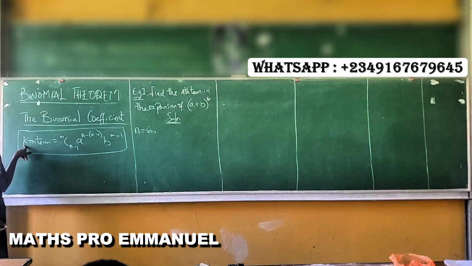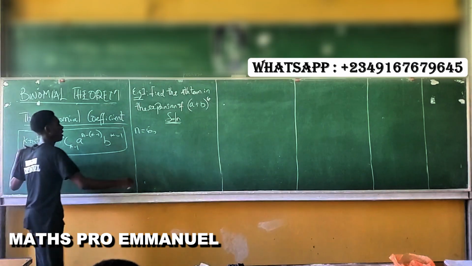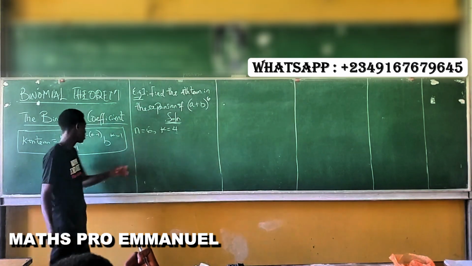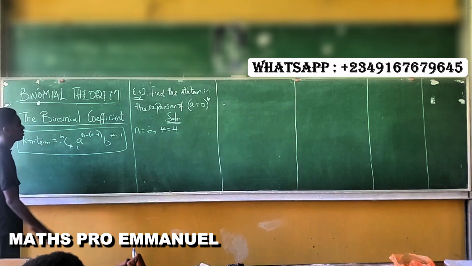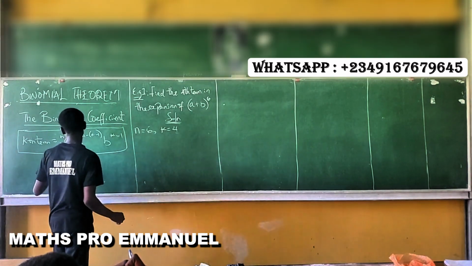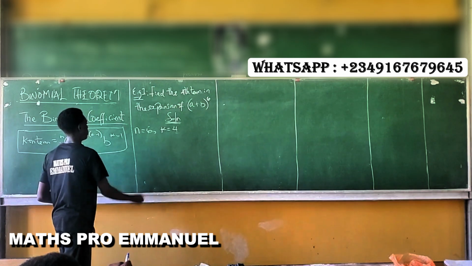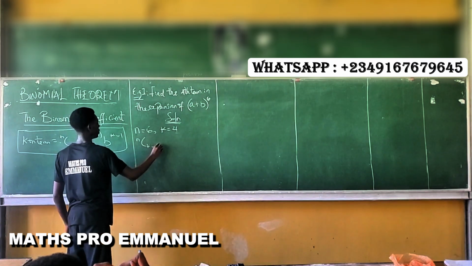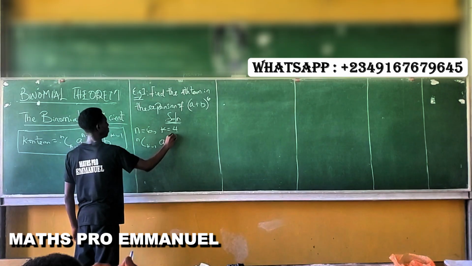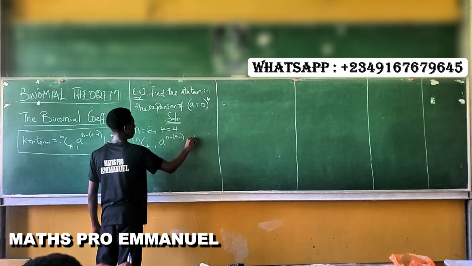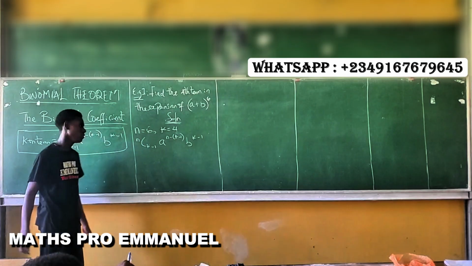So my k will be 4, because I'm looking for the fourth term in the expansion. Let's continue. To find the fourth term, I'll just record this formula: n combination (k minus 1), a raised to the power of (n minus (k minus 1)), into b raised to the power of (k minus 1). So this is how you're going to use the formula.